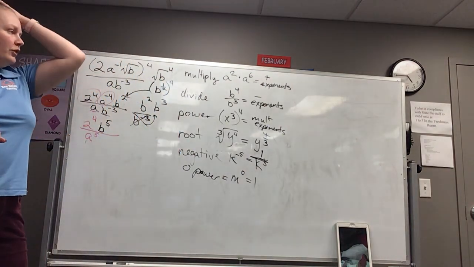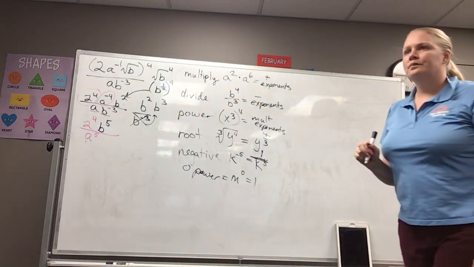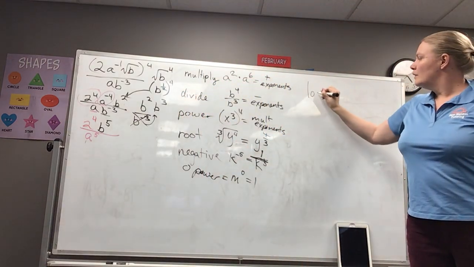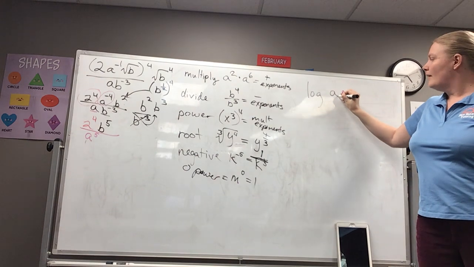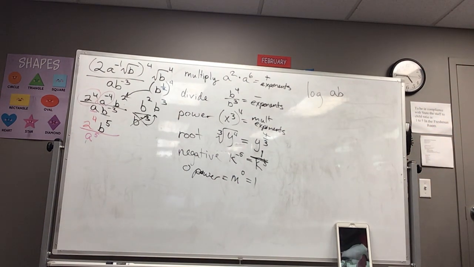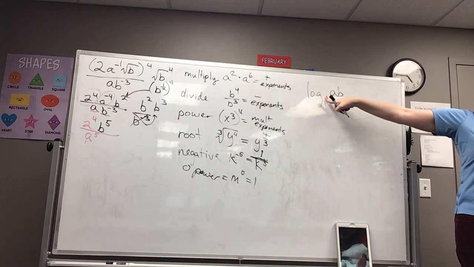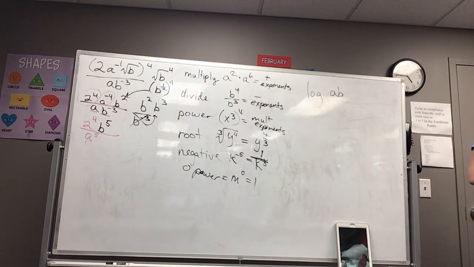And so our first log rule says if I have the log of a times b, and for the clearness of notes, from this point forward, we're going to be talking about common log, which means we don't have to write anything down here. It's log base 10. Works for everything, but it's a little bit clearer if we aren't always having to put that little letter down there.